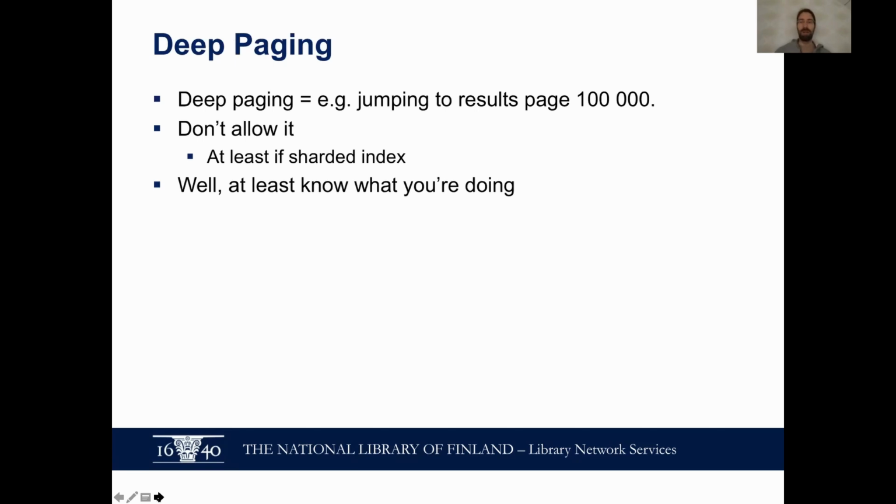I don't recall if we have the limit now at 100,000 or at 10,000, but at least it's possible right now to limit the page. Even if you allow it, if you have a single shard, it can work. It worked for us. It may put some pressure on the server, but it's not that bad. But if it's a sharded index, whoa, that's going to be bad. So don't do it. Just a couple of things that you need to be aware of.